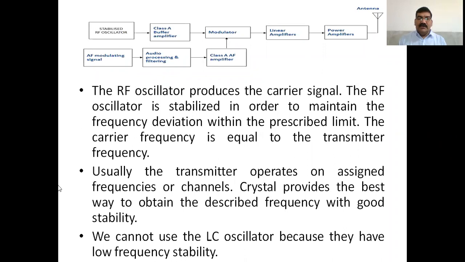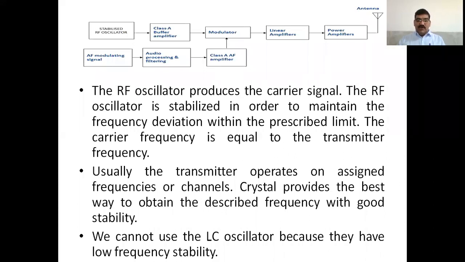Okay, second point. Usually the transmitter operates on an assigned frequency or channels. Crystal provides the best way to obtain the desired frequency with good stability. So what oscillator is used here? Generally the crystal oscillator.